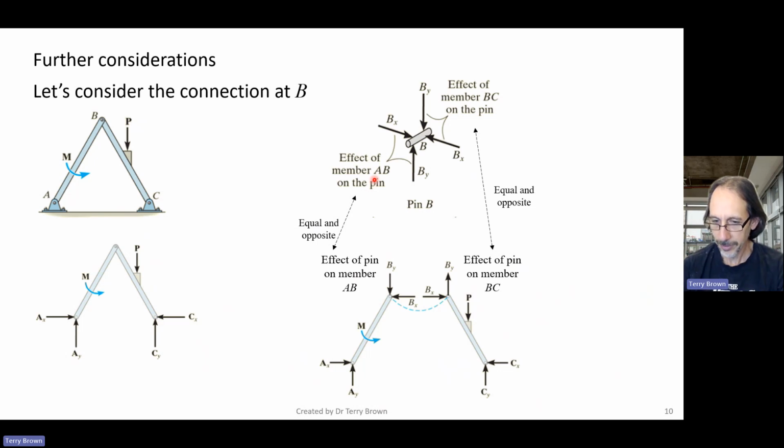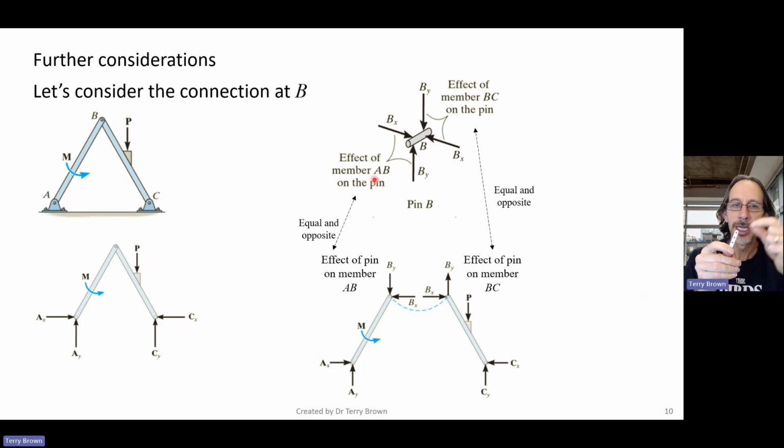Okay, so if we separate these things, here's one member. Let's start with A and B, so that's member AB. We've got BX and BY on here, and those loads are exerted by the pin.